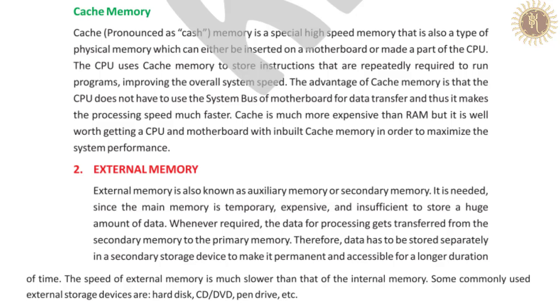Consequently, data has to be stored separately in a secondary storage device to make it permanent and accessible for a longer period of time. The speed of external memory is much slower than that of the internal memory. Some commonly used external storage devices are hard disk, CD, DVD, pen drive, and so on.